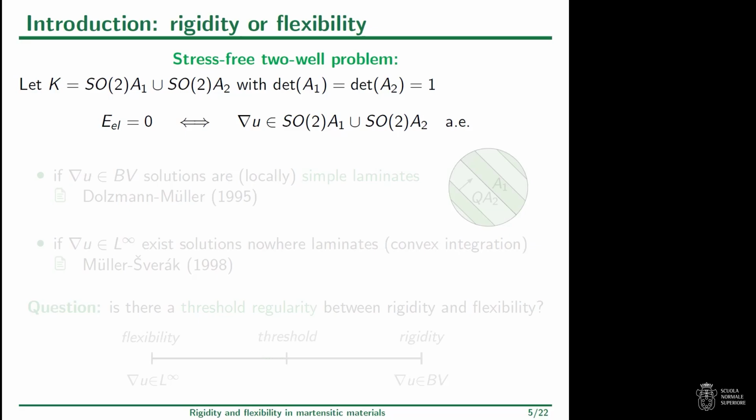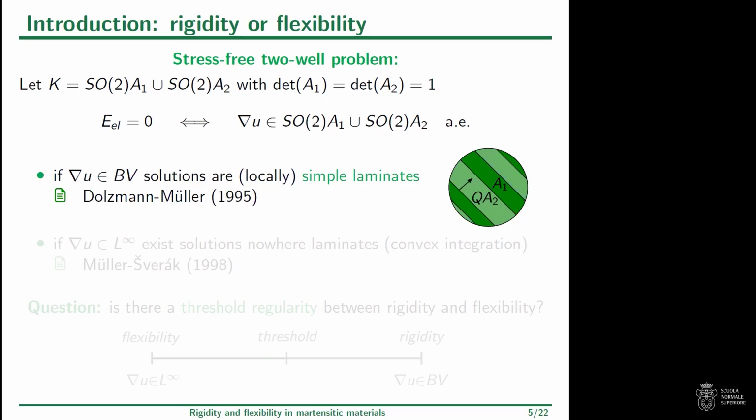But here already we see that this type of problem presents a dichotomy according to the prescribed regularity of the solution of this differential inclusion, okay? So for instance, the result from Dolzmann and Müller says that if you prescribe a BV regularity of the gradient, and this is very realistic because you want to say that the number of changes of phase in your material, so how many times your material laminates, is finite, or you can control it. So this is a really realistic hypothesis.